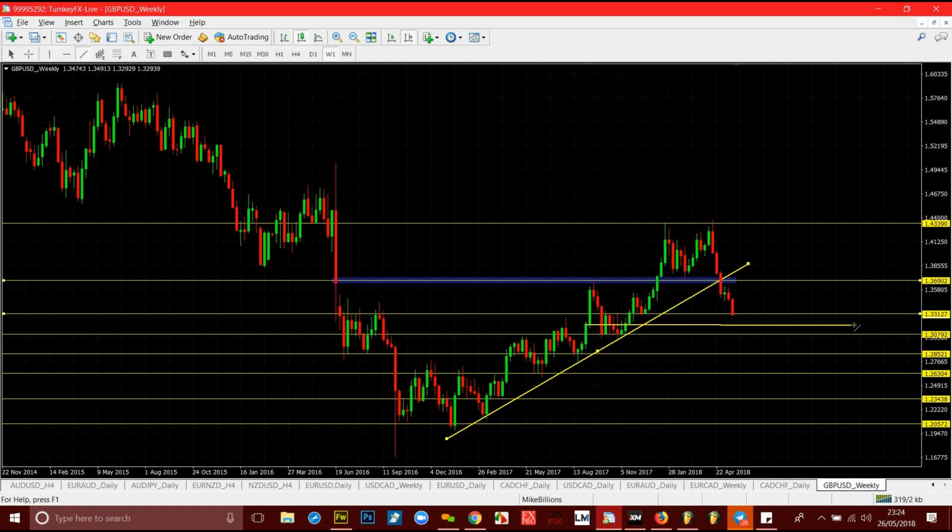So it may actually come back here. So put that into consideration as well. So it may come down here. And then if it breaks that again, it's coming to the next demand zone, which would be this one.